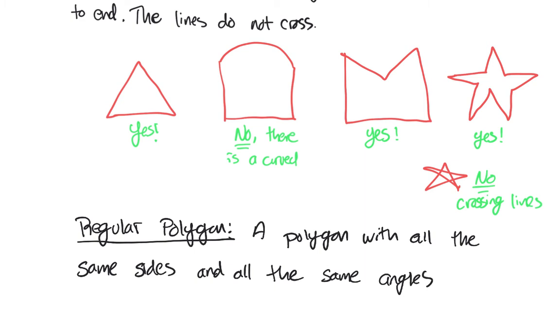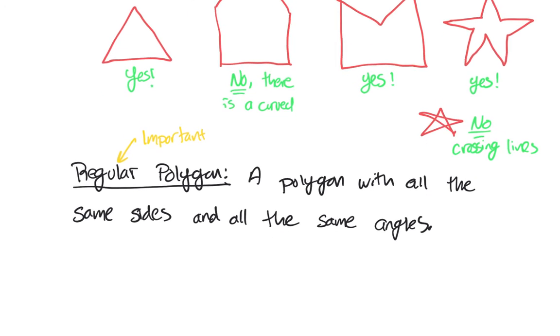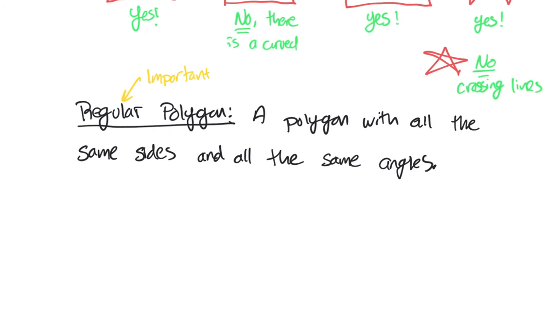Even though it's a small word, this word regular is an important word. That word regular implies that all of the angles are the same and all of the sides are the same as one another. And you know some shapes that make that happen.